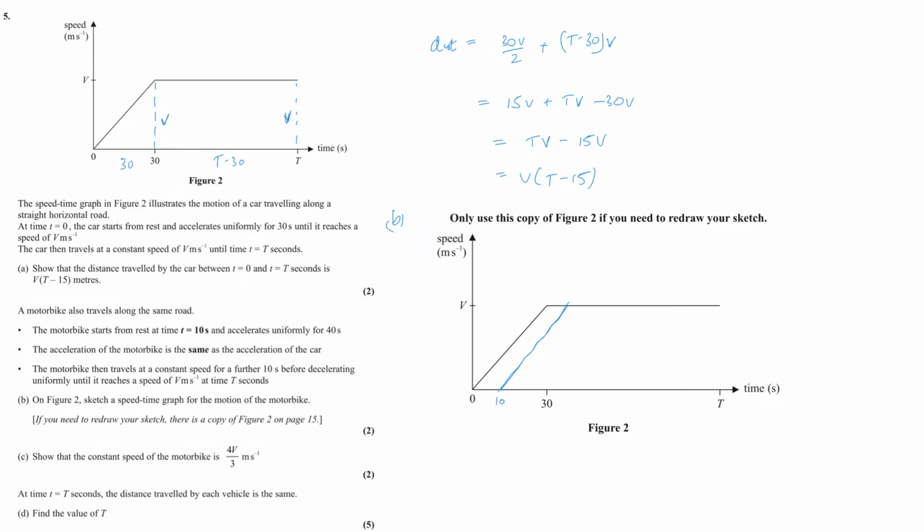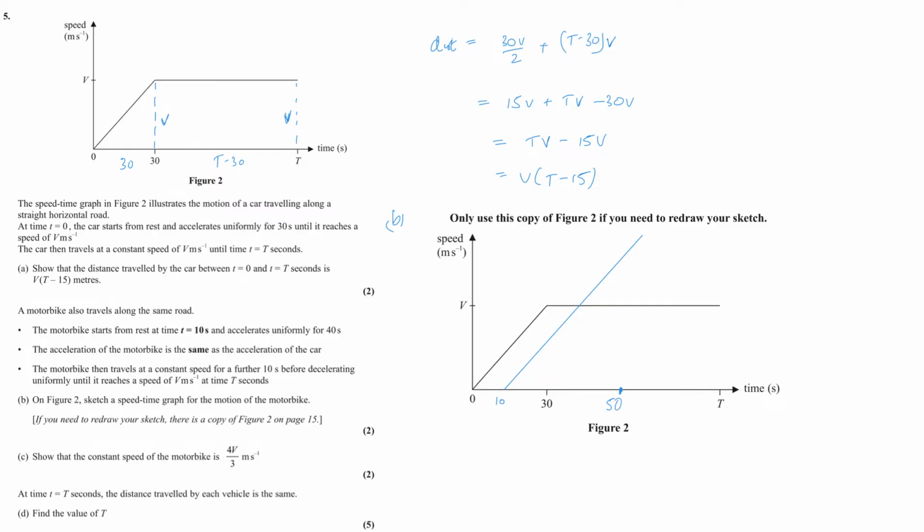Yeah, so the car only accelerated for 30 seconds. So this is going to go above the line, like so. Now above that line, and that time there will be another 20 seconds, so we'll be at 50 seconds.